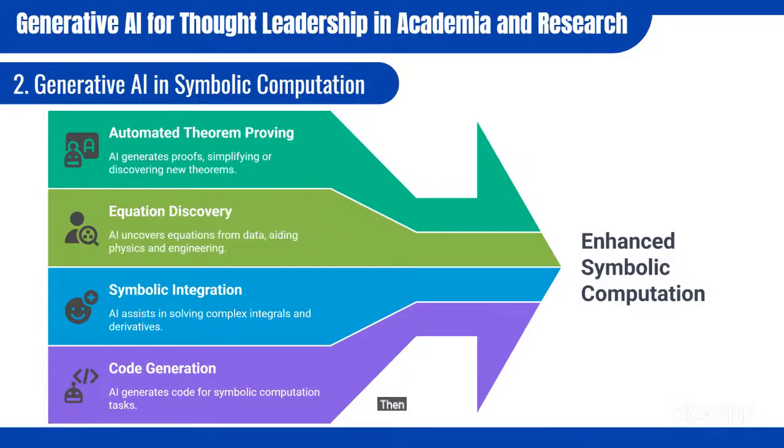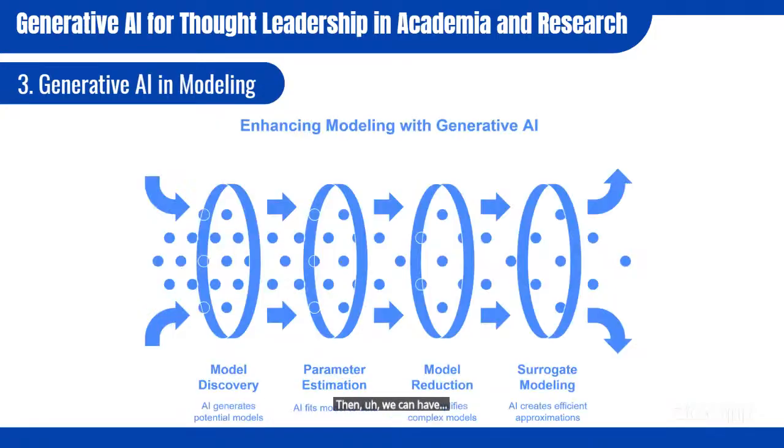Then we can have generative AI in modeling. How can we use it? Modeling involves creating a simplified representation of a real world system to understand its behavior and make predictions.